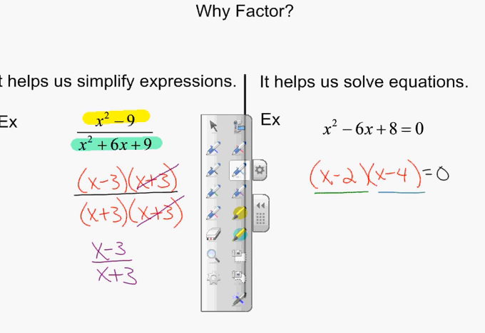Well, if you think about that, the only way it's possible to multiply two numbers together and get 0 is that one of them has to be 0. So, from that logic, I could split this up into the first factor is 0 and the second factor is 0. So here I'd see that x equals 2 or x equals 4.